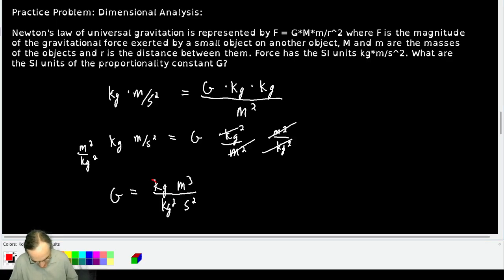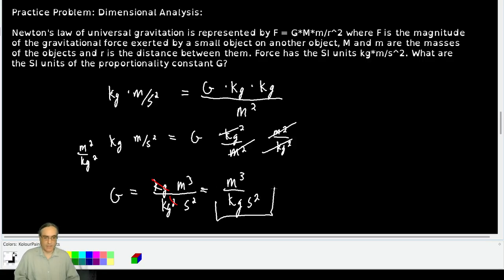I should have caught that. Cancel that kilogram out. And we get meter cubed over kilogram second squared. Okay, so in base units, it's meter cubed over kilogram second squared for the constant big G in gravitation.